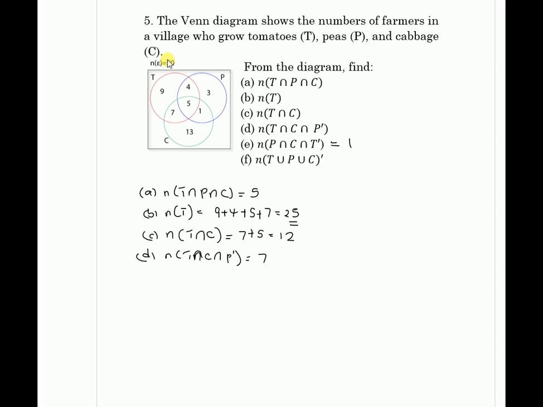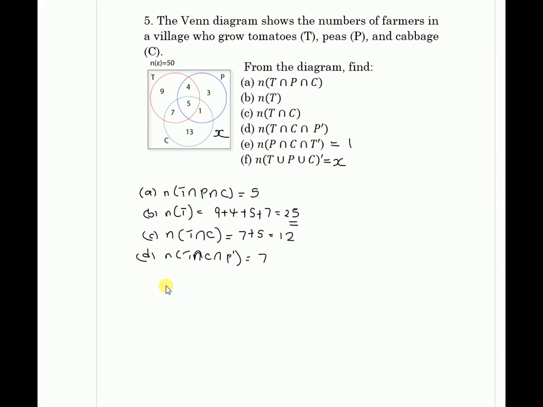Since they gave us the universal set as 50, we shall add everything inside there and see whether we can get the value. So let us put there some x, and let this value be equal to x.